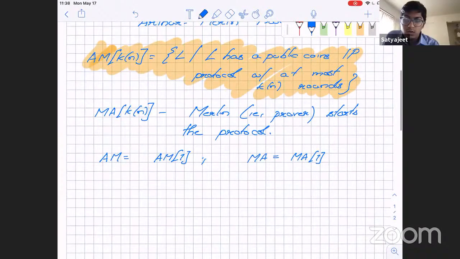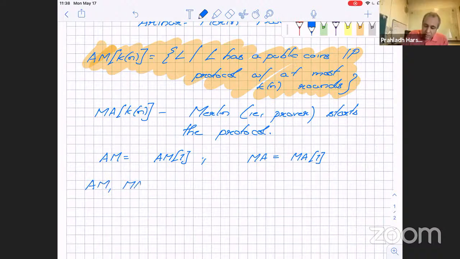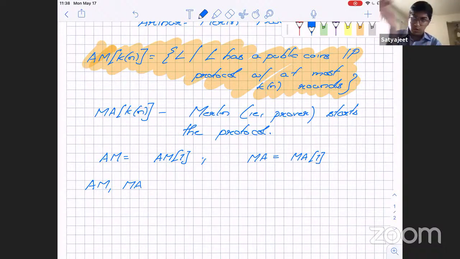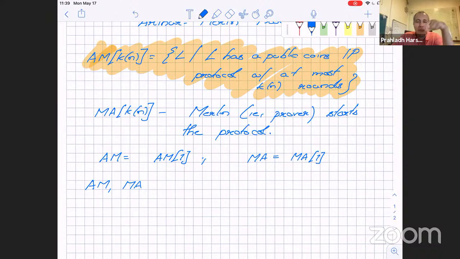So one of the examples of MA was like the permanent, right? So the permanent and PQBF are in MA or AM? They are actually in AM poly, they are in MA poly(n), because the prover directly sends the proof. But once you allow poly(n) rounds, it doesn't matter whether you call it MA or AM, because in the first round you can assume the verifier sends something and it is not used at all.